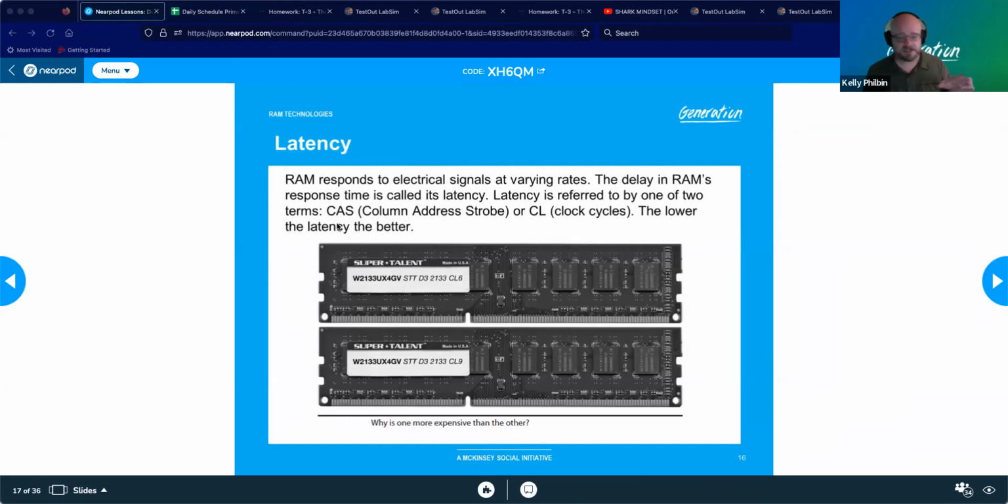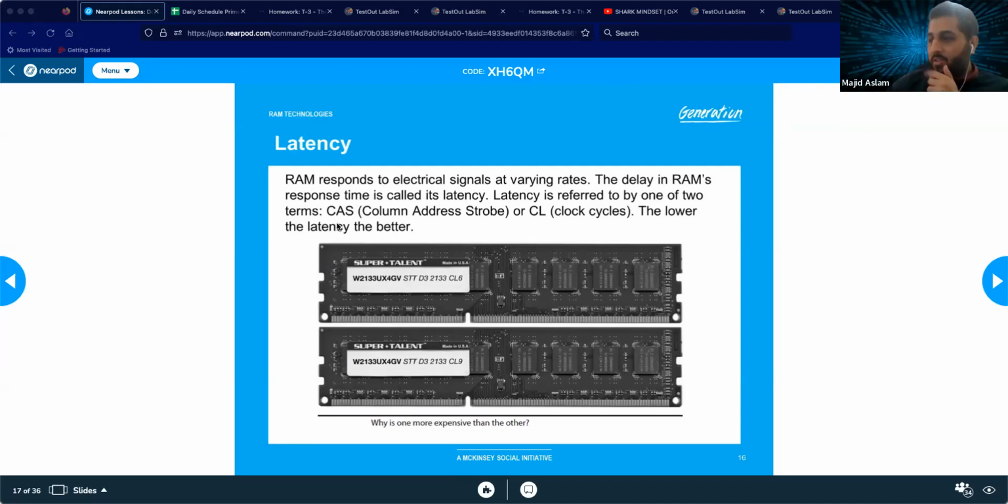Yes, same. So these are just two different ways that they will qualify latency on a RAM module, via a CL number or a CAS number. Both mean the same thing. Depending on the manufacturer, they will use one or the other. But for our purposes, they mean the same thing. The lower that number, the lower the delay or latency.